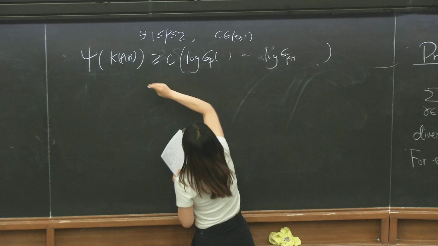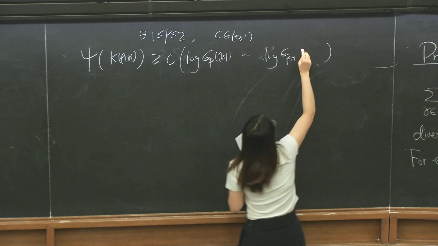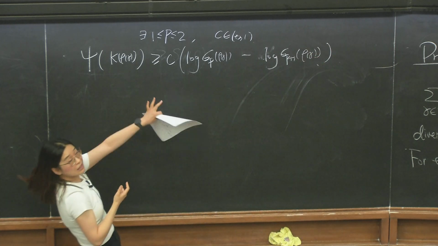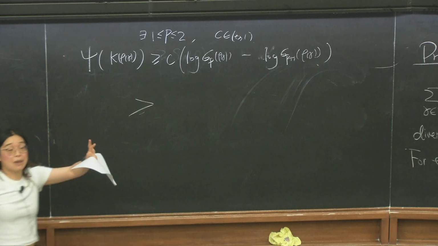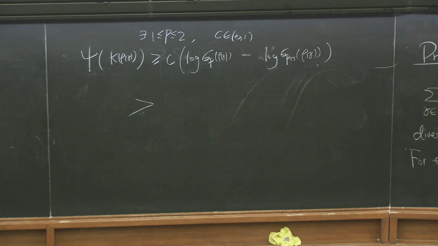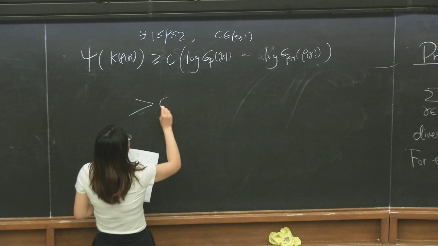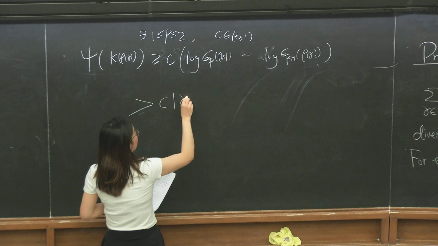And now input the word, which is rho of gamma, okay? From here, I can use the property of this Anosov representation: the ratio of the singular values grows exponentially with respect to the word length. So if I take the log, I know that it's greater or equal than some constant c times the word length.